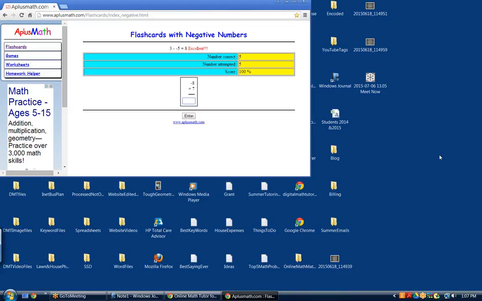So the answer is going to be 1, and then what sign goes with it? Negative. Negative, the sign of the bigger number. In other words, 8's bigger than 7, so it's negative 1. Negative 7? You got it.